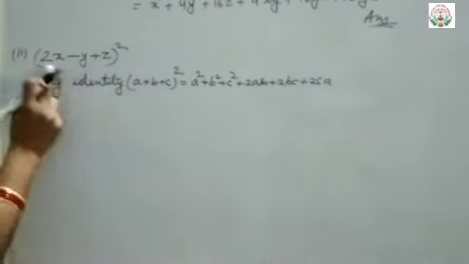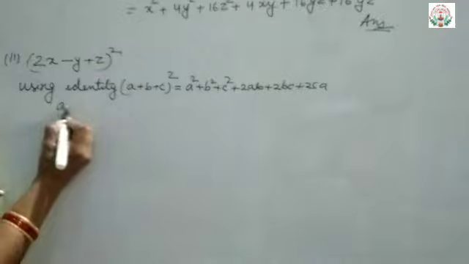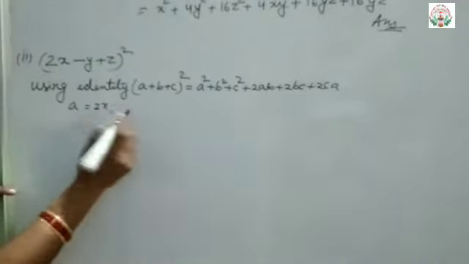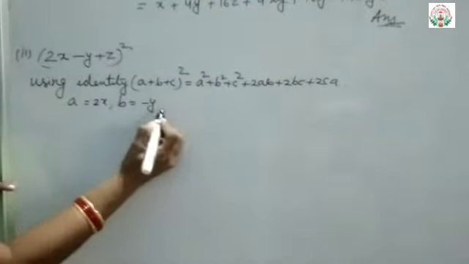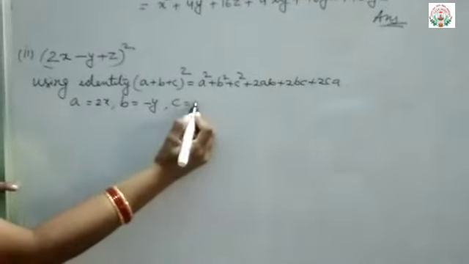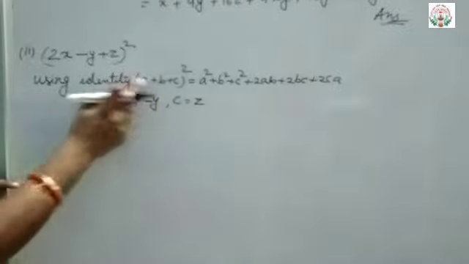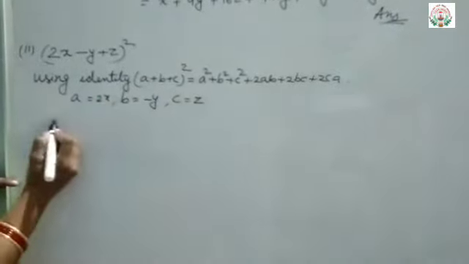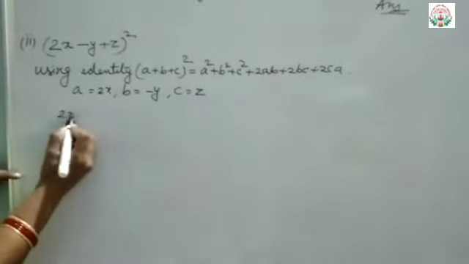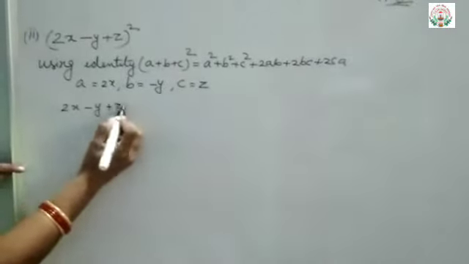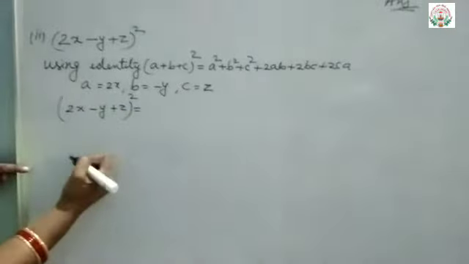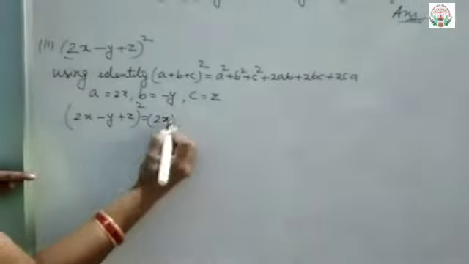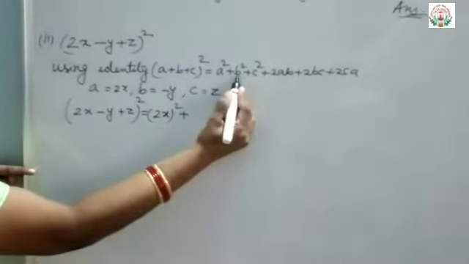So on comparing these two, we know that a equals to what? 2x, and b equals to minus y, and c equals to what? Z. Now putting in the same values of a, b, c here in this. So what you'll get? 2x minus y plus z whole square equals to, now what is that? A square, that is 2x whole square plus, what is b?